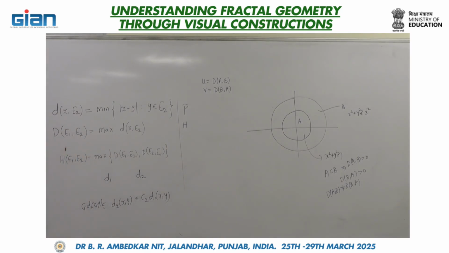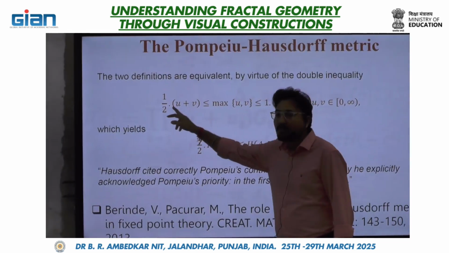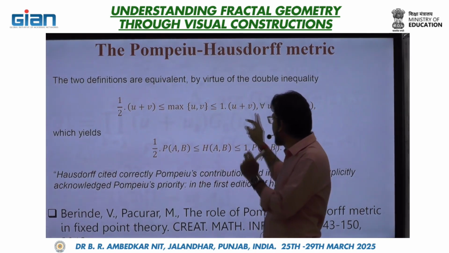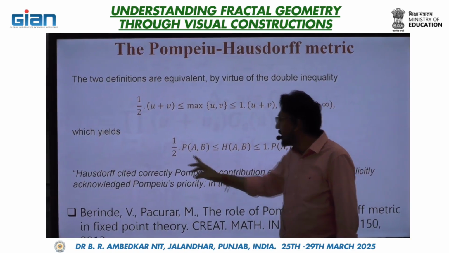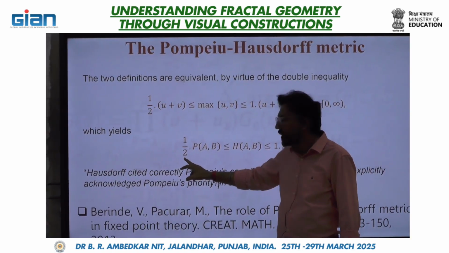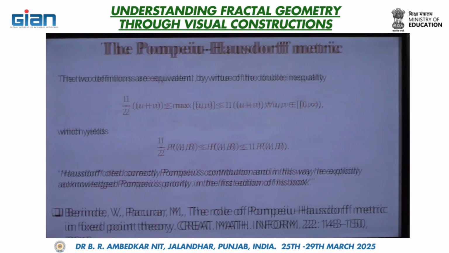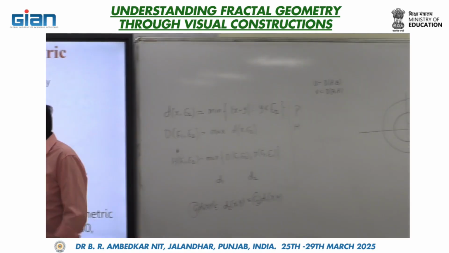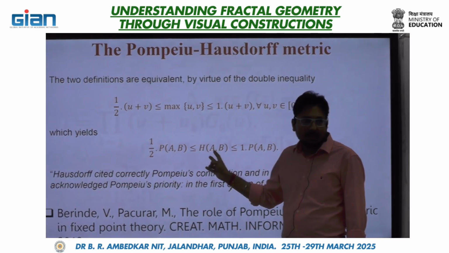Then the maximum becomes h of a comma b, the sum becomes p of a comma b, and the arithmetic mean becomes p of a comma b divided by 2. So what did we conclude? That this is your C1, 1 by 2, and this is your C2, 1, like I have written here, right? So that means the Pompeiu and Hausdorff metrics are both equivalent.